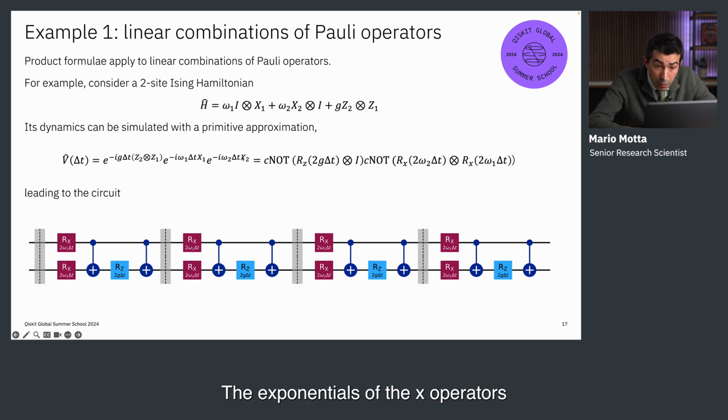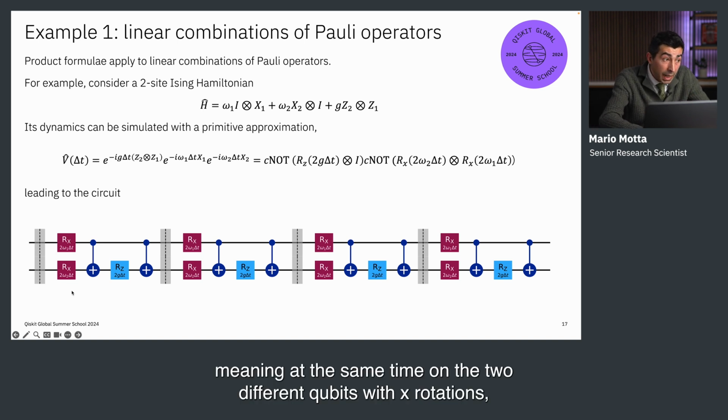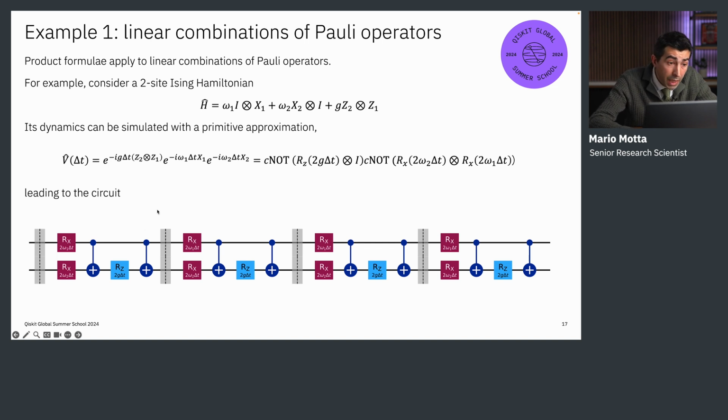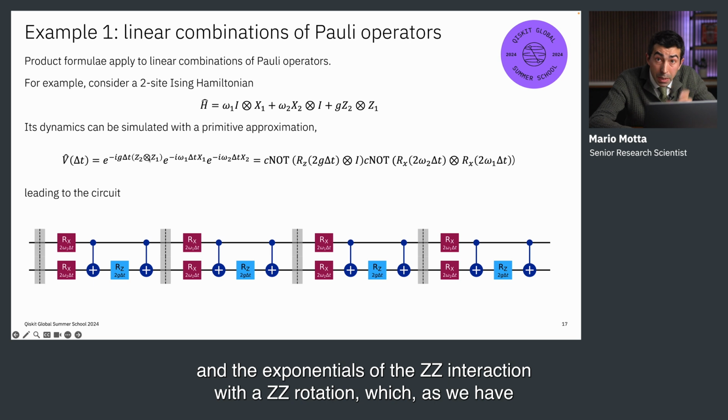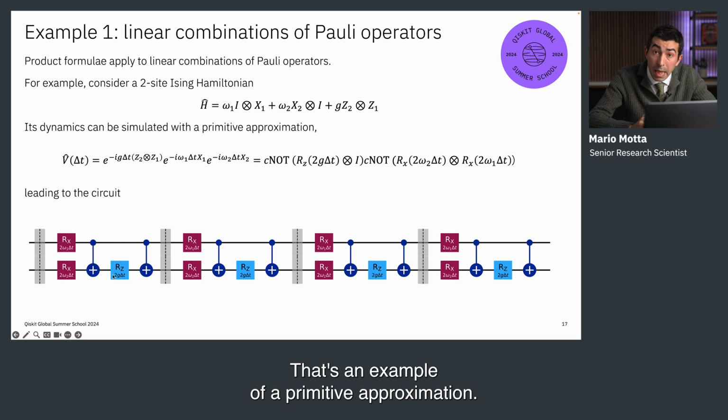The exponentials of the X operators can be executed in parallel, so to speak, meaning at the same time on the two different qubits with X rotations. And the exponential of the ZZ interaction with the ZZ rotation, which, as we have seen in a chart before, requires 2 CNOTs and a single qubit Z rotation. So that's an example of a primitive approximation.